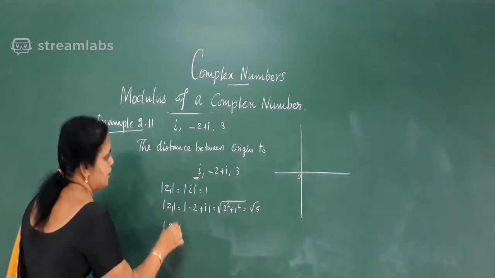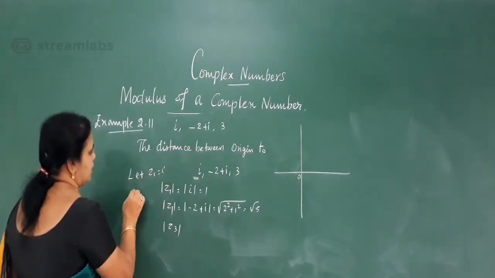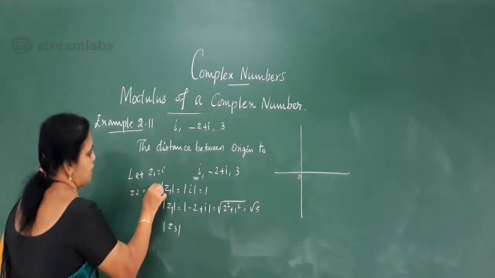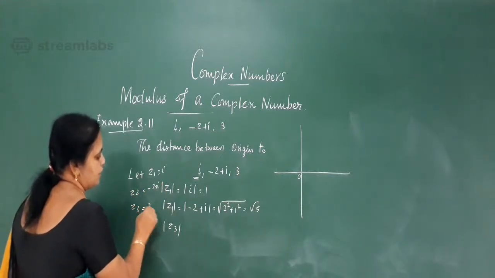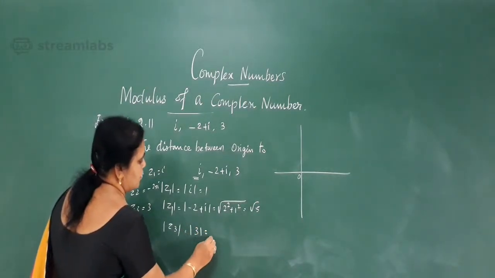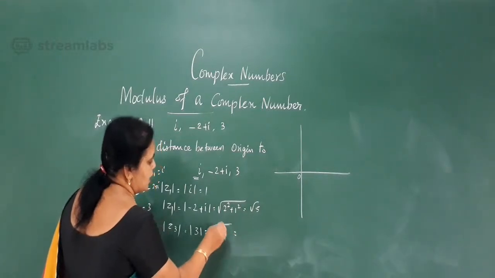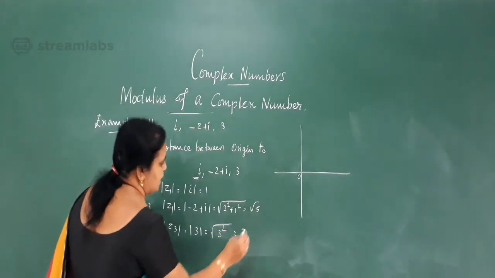Just take z1 is equal to i, z2 is equal to minus 2 plus i, z3 is equal to 3 for our convenience. 3 is equal to root of 3 square. This square and this square root will be cancelled, so 3.